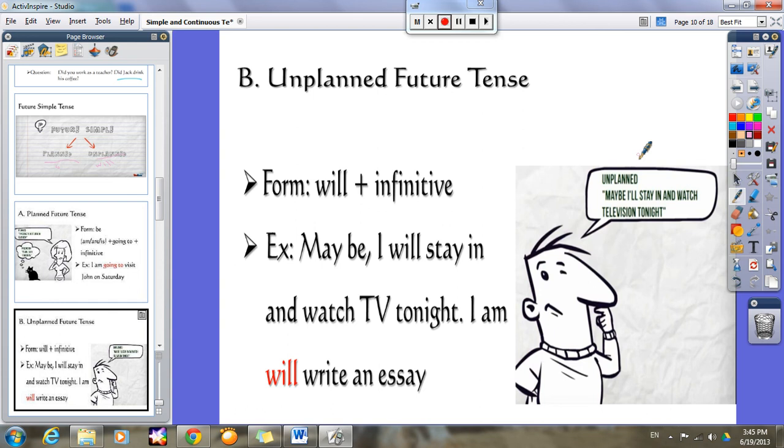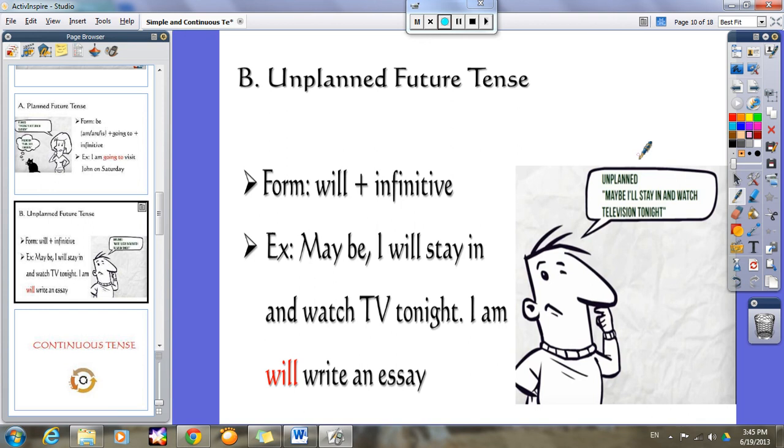If you look at this example, maybe I will stay in and watch TV tonight. I will write an essay is another example. Before, I did not think about it. Before, I didn't think that I would watch TV tonight. But later, while I was speaking, I decided it, not before speech. So we call it unplanned future tense.